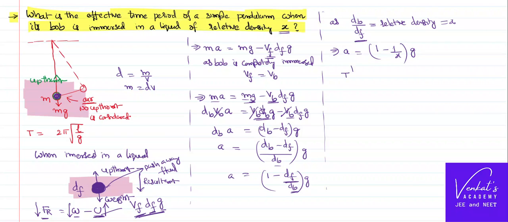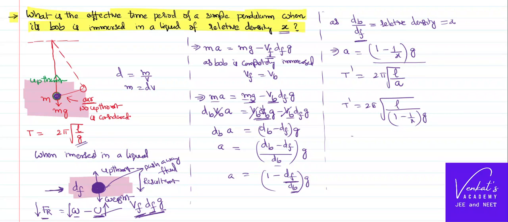With respect to that, I get a new time period of the simple pendulum as 2 pi into root of L by, not just g, L by a, because it is now immersed in a fluid as told here. So 2 pi into root of L by, in place of acceleration, 1 minus 1 by relative density, into g. This is how the new time period has to be calculated.